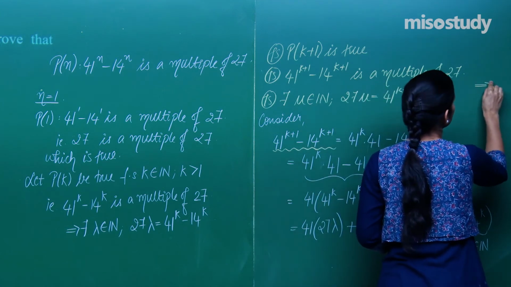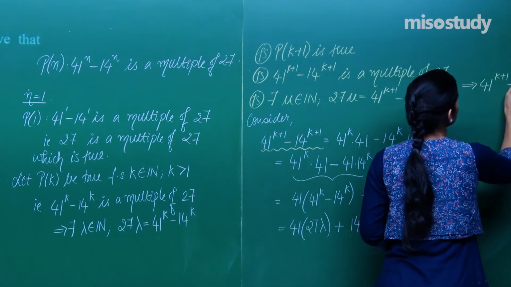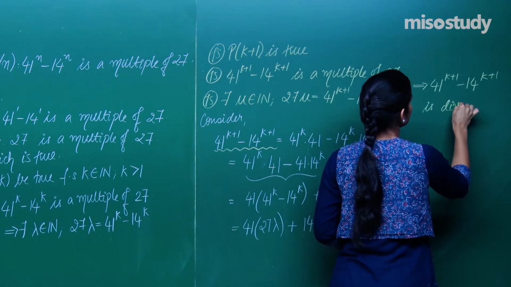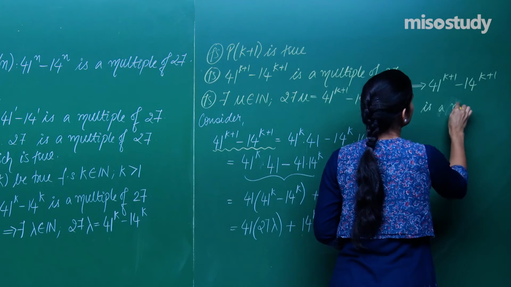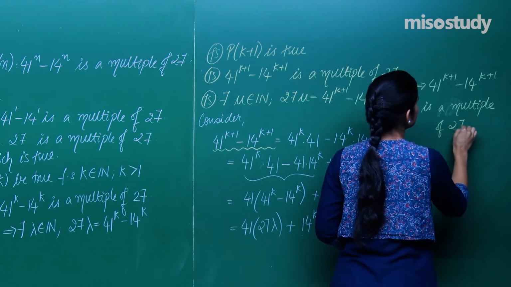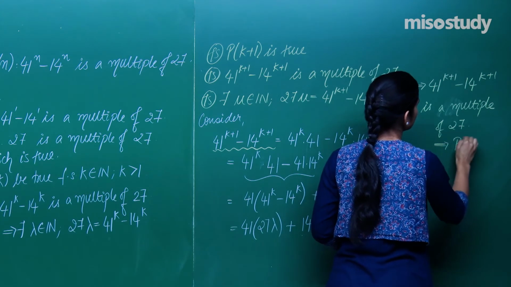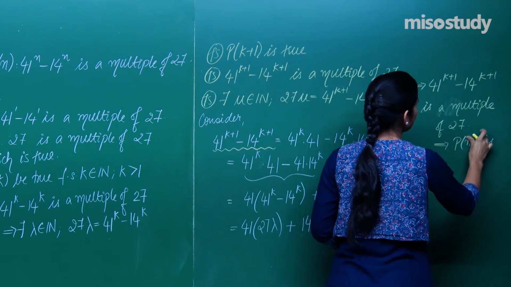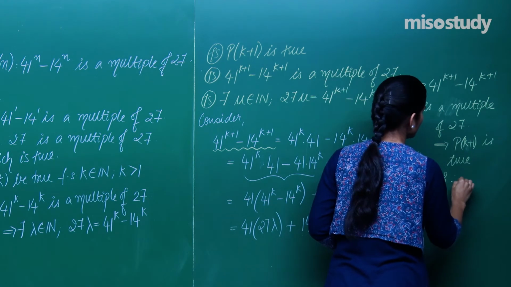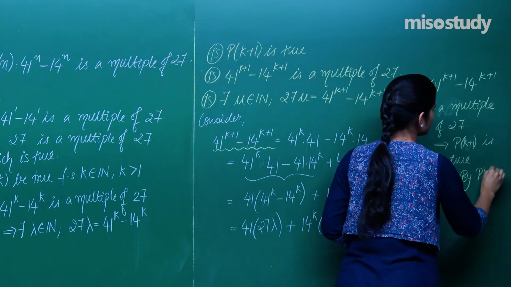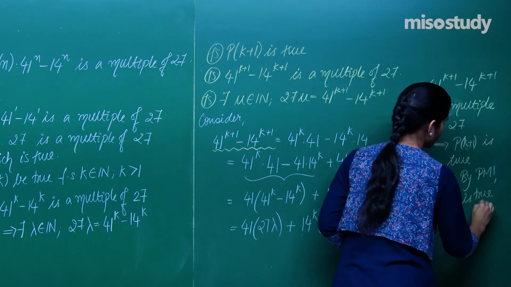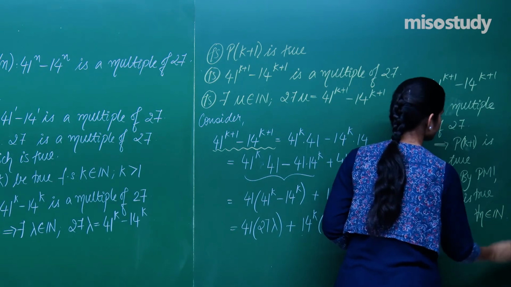This implies 41 to the power k plus 1 minus 14 to the power k plus 1 is a multiple of 27, which implies Pk plus 1 is true, and therefore by PMI, that is principle of mathematical induction, Pn is true for all n in N. Understood?